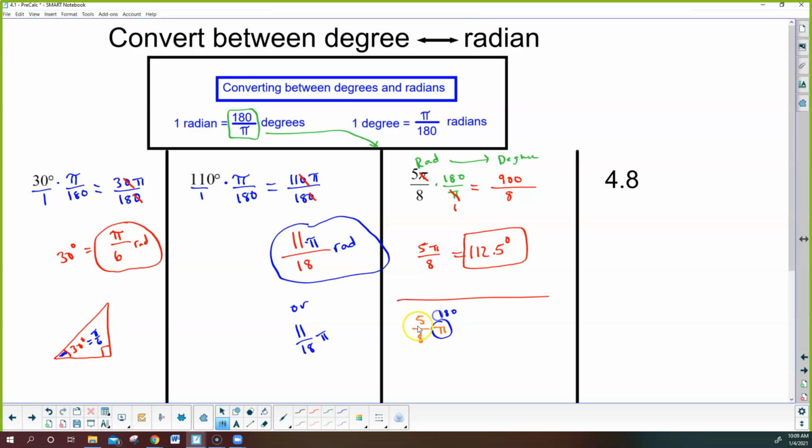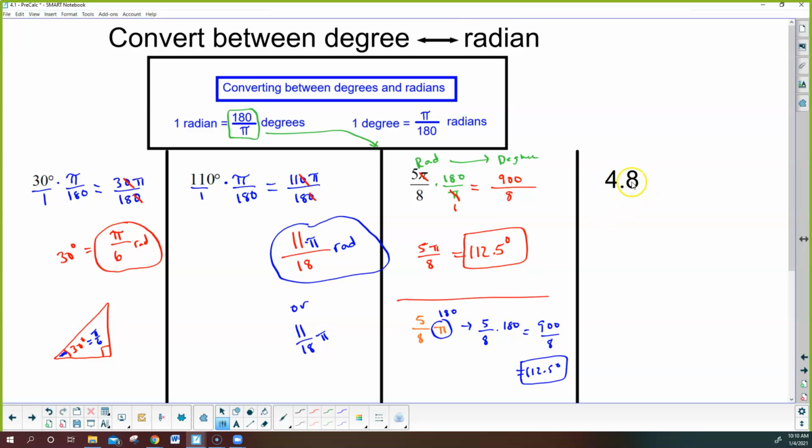So if you're ever converting from radians to degrees, you technically can just plug in 180 for pi, and you'll get the exact same thing. So these are 2 different ways to do it. Because 180 is equal to pi, you can just plug it in.